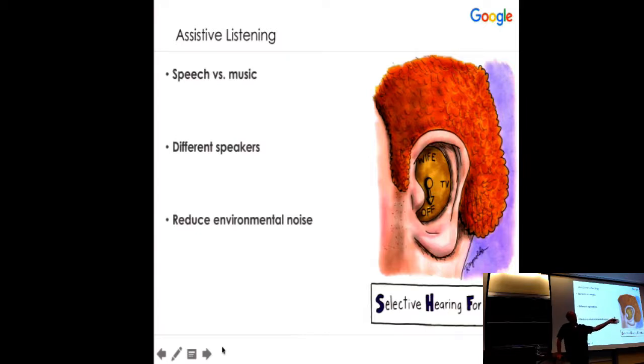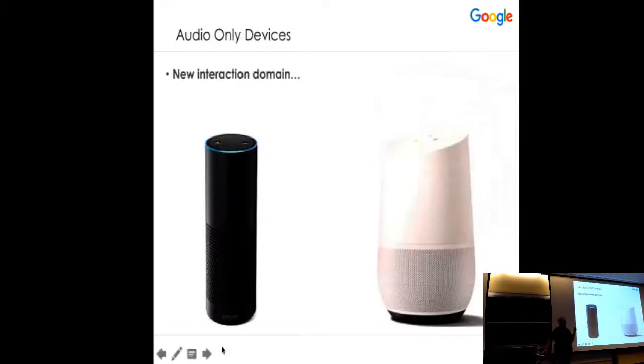Are you listening to the person on the left or the person on the right? People have done beamforming, but it'd be nice if you could get some signal from the user that would tell them what voice to attend to and do something useful there. And then more recently, these new devices are out there that are essentially audio-only devices.